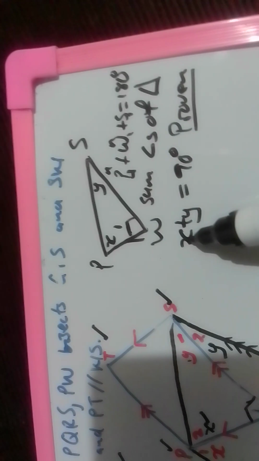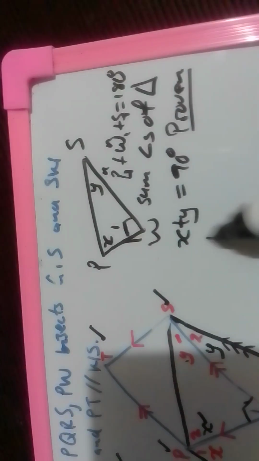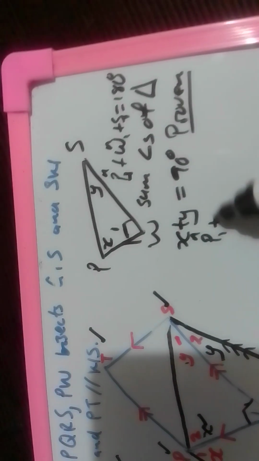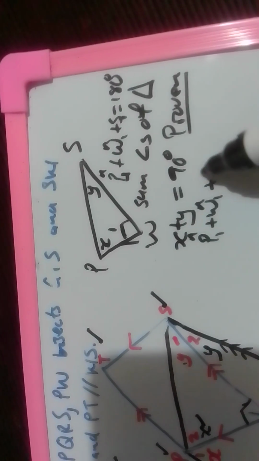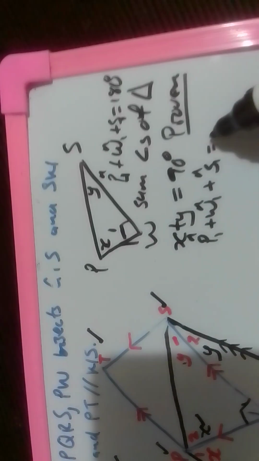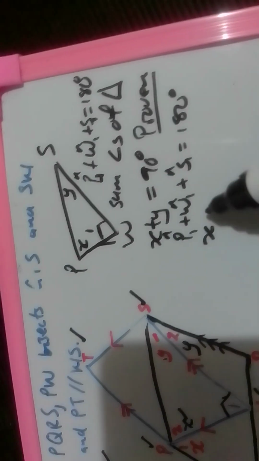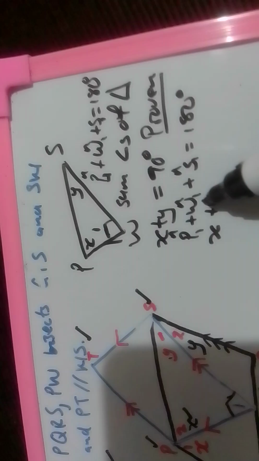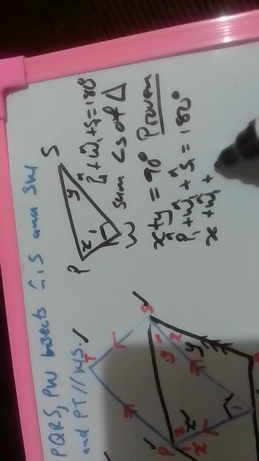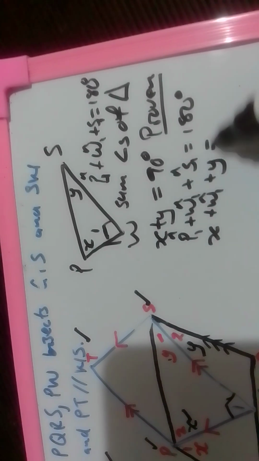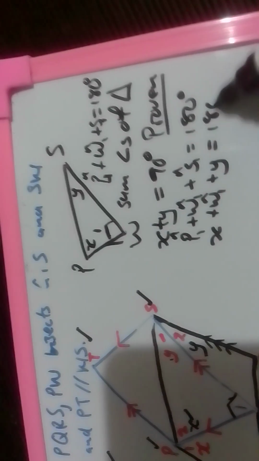So in other words, where there is X plus Y, remember it was angle P1 plus angle W1 plus angle S1, which is equal to 180. I was supposed to put my x here at P1, then angle W1, plus here where there is S1, I was supposed to put y, is equal to 180.